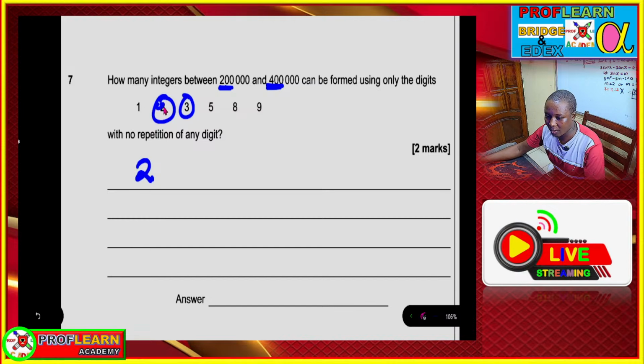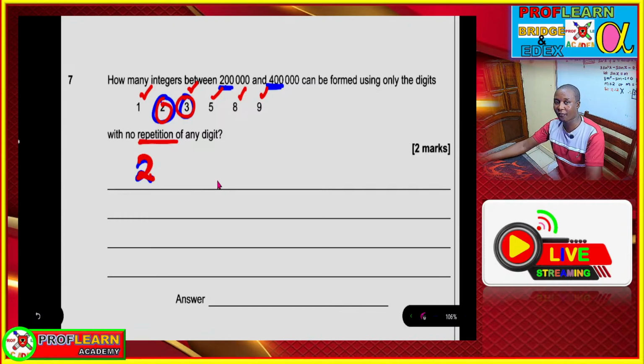These 2 are the ones that can give us integers between 200,000 and 400,000. So if you use 2, how many numbers will be remaining for you to use without repetition? That's going to be 1. You have used 2, you are not counting it. 2, 3, 4, 5. So if you use 2, you will be having 5 different numbers.